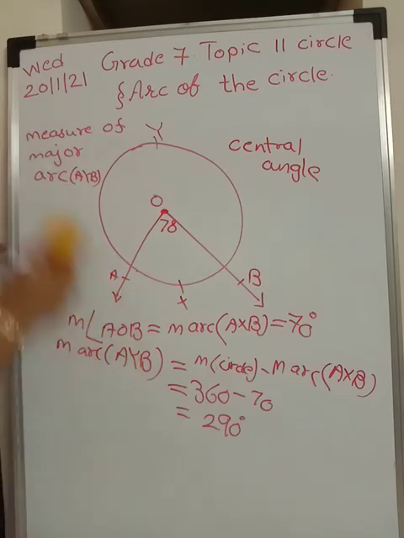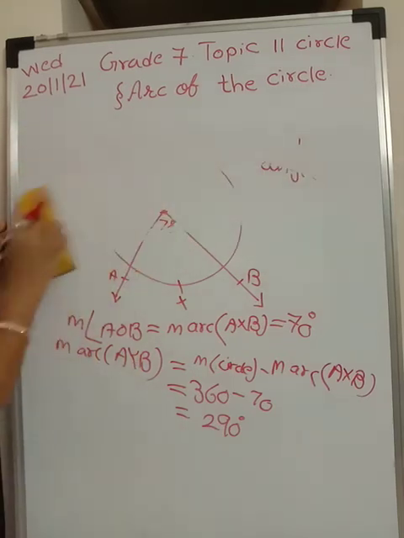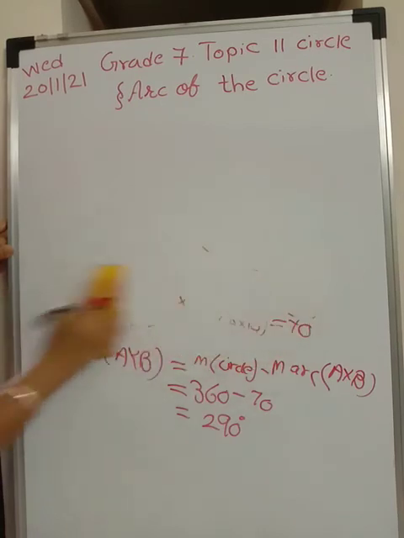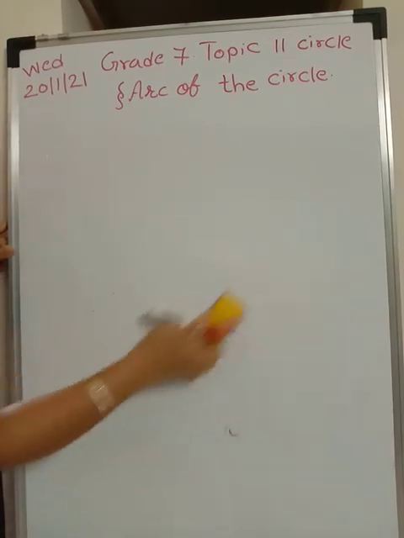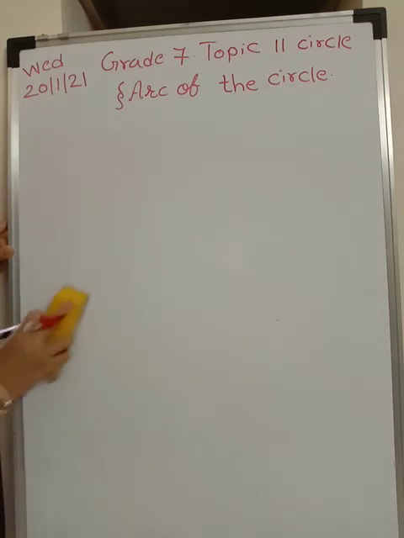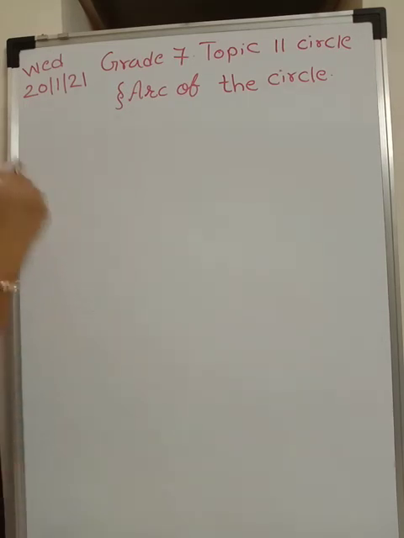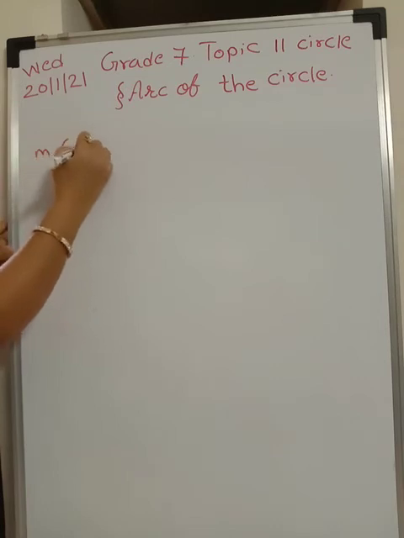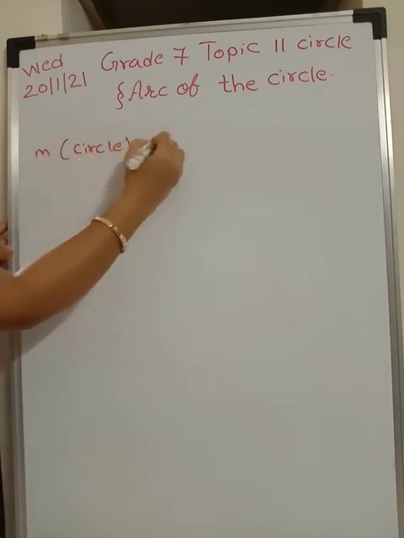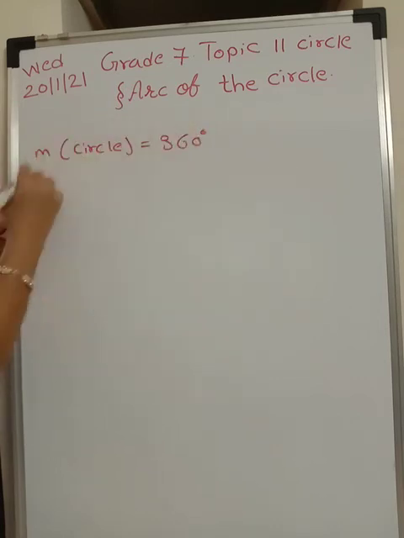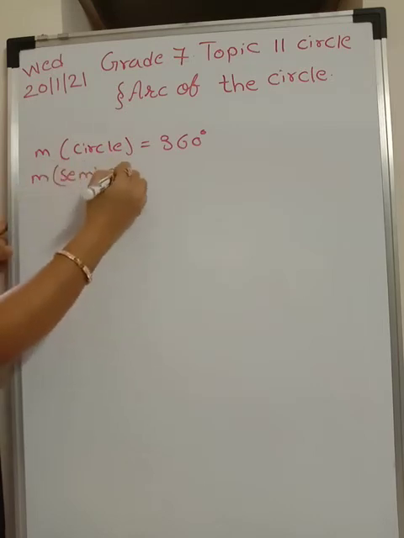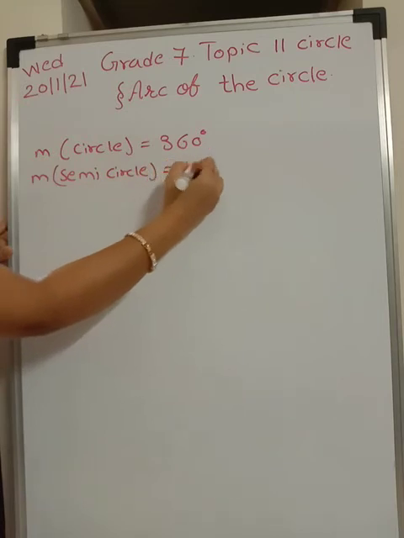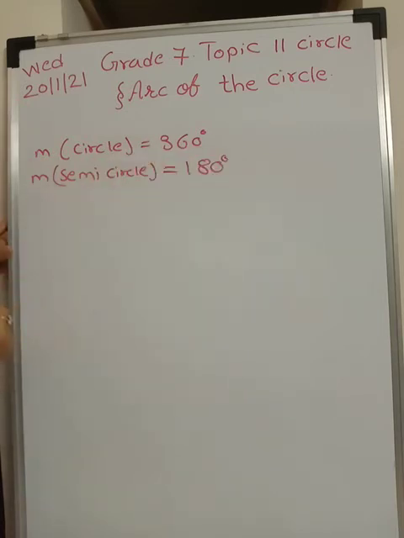Okay. So what I am trying to tell you is that the measure of a circle is 360 degrees. Now the measure of a semicircle: a semicircle is half, so this will come out to be 180 degrees.